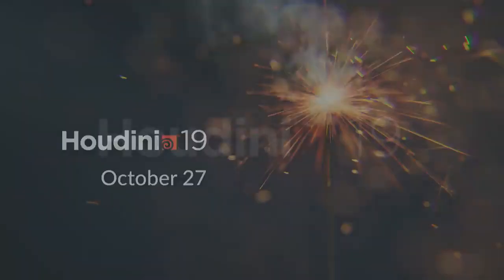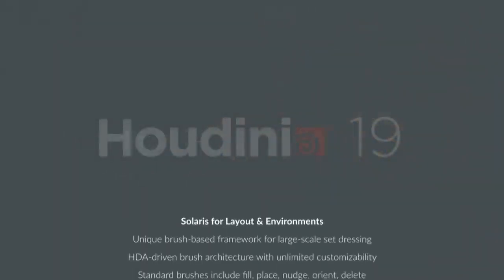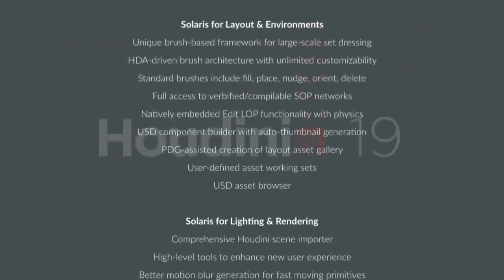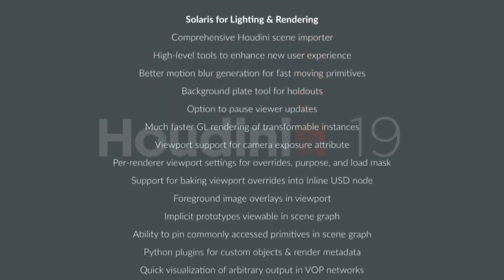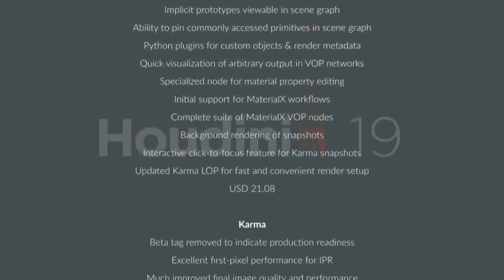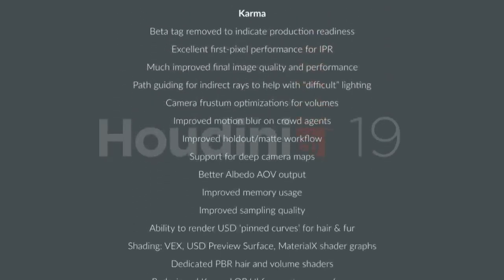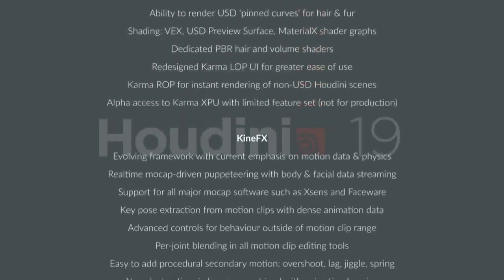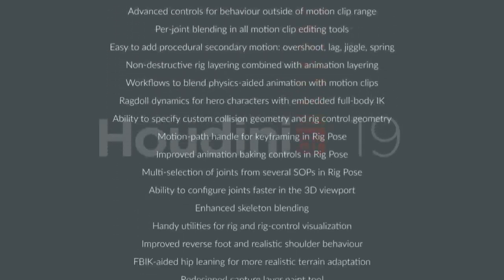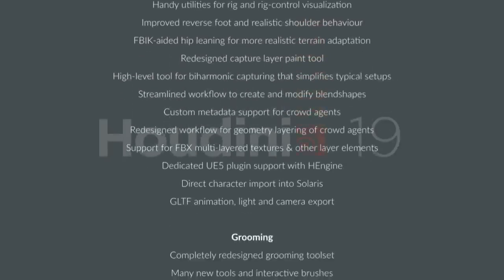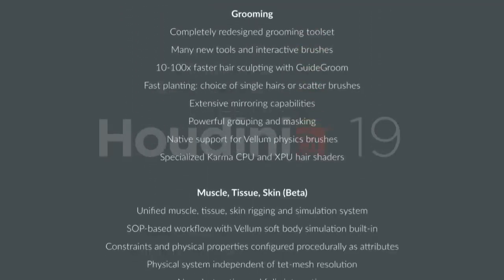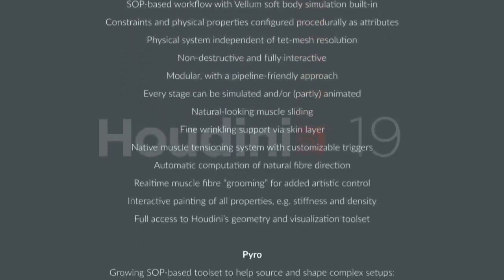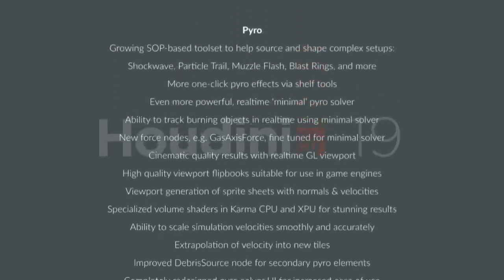The list of features is much longer, though, as you can see. And if this list doesn't scroll down too fast, you might catch another small gem or two in there. For example, if you do pipeline work, check out the many PDG enhancements in 19, including the steps we're taking to enable massive scale compute on the cloud. And that work is ongoing.